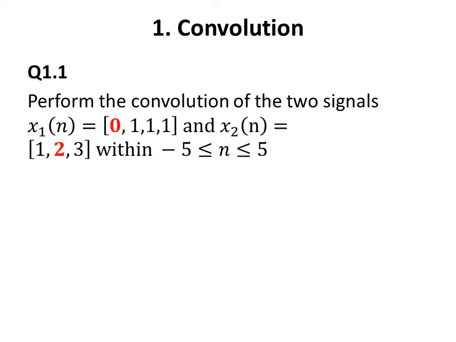Likewise, next you have to define x2[n], and again you have to make sure the number 2 is at n equals 0. After defining n, x1[n] and x2[n], you have to apply the convolution.